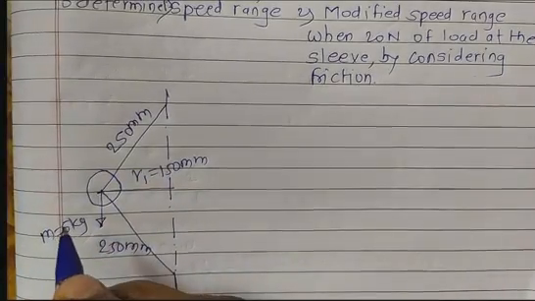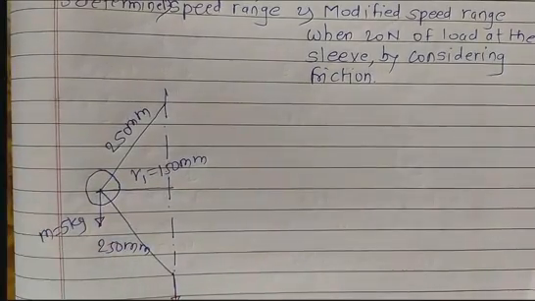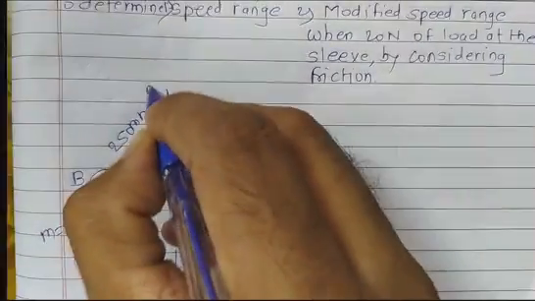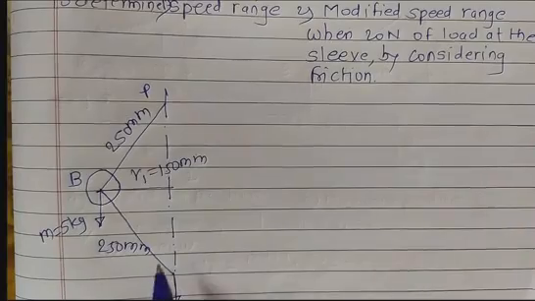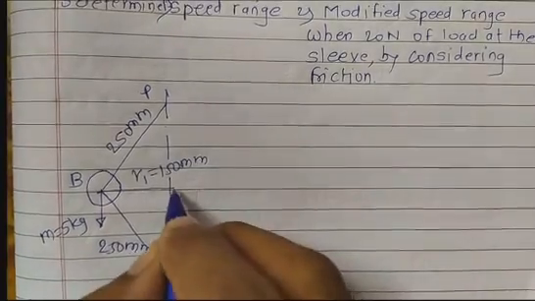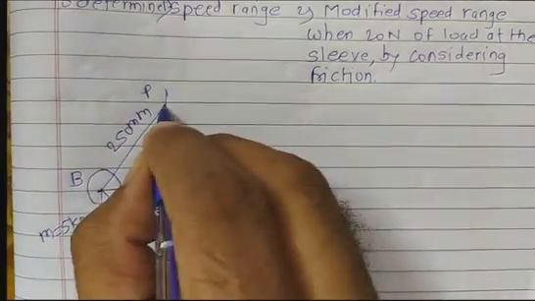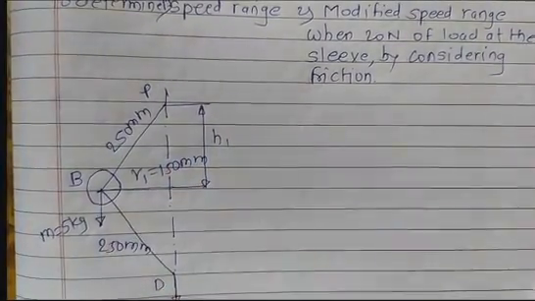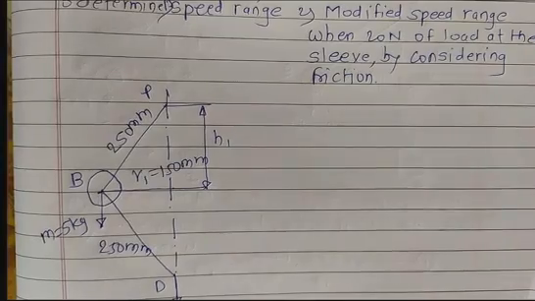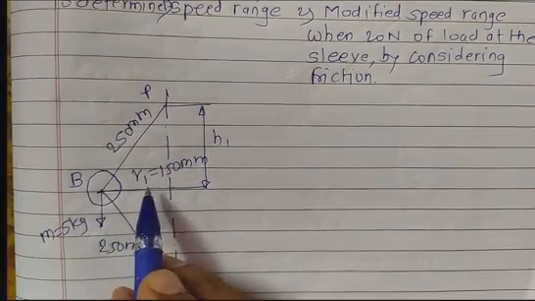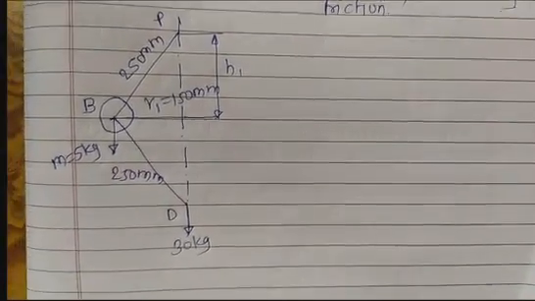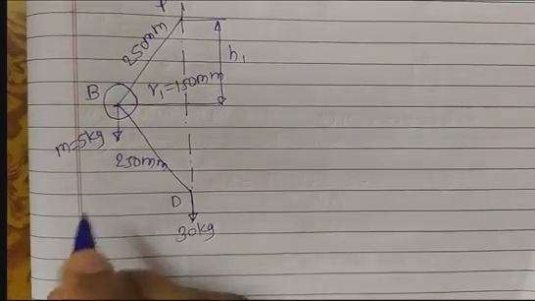Now give the corresponding names at various points, that is here B, E, and here D. This indicates h1, that is the height of the governor corresponding to the r1 radius. So this is about the minimum position.